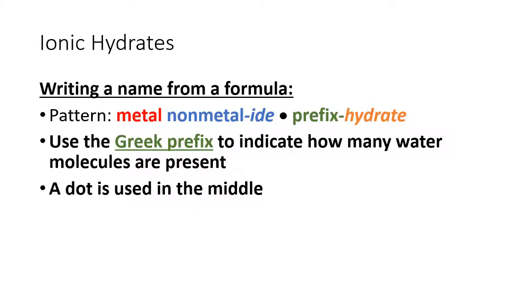So when we're writing a name from a formula for ionic hydrates, the pattern that we'll follow is we name the metal, followed by the nonmetal and change it to "ide." If we have any transition metals or polyatomic ions, we also name those as we learned before as well. We include that dot, and then we use the correct Greek prefix followed by the suffix hydrate.